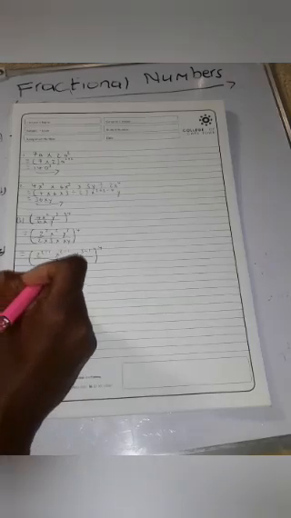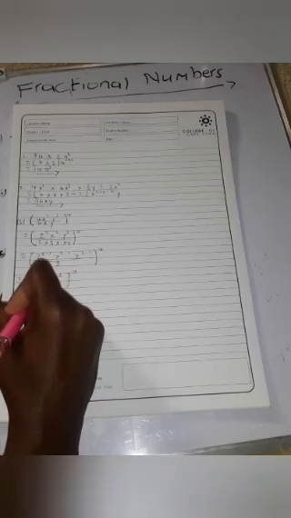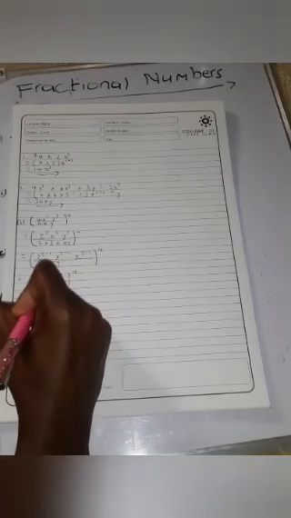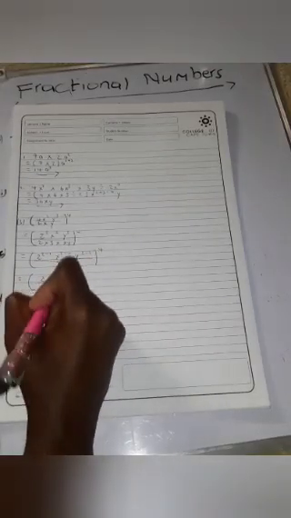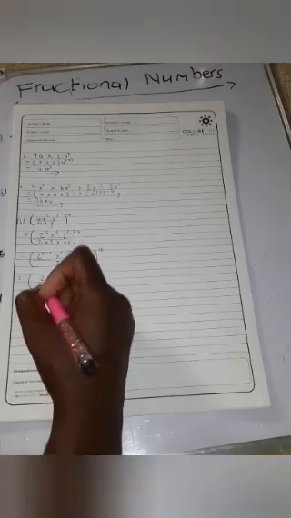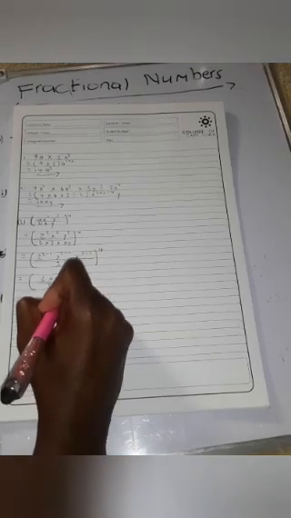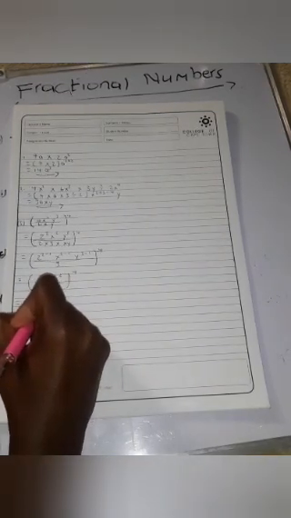The answer is 16x to the power of 4, y to the power of 8, divided by 81.